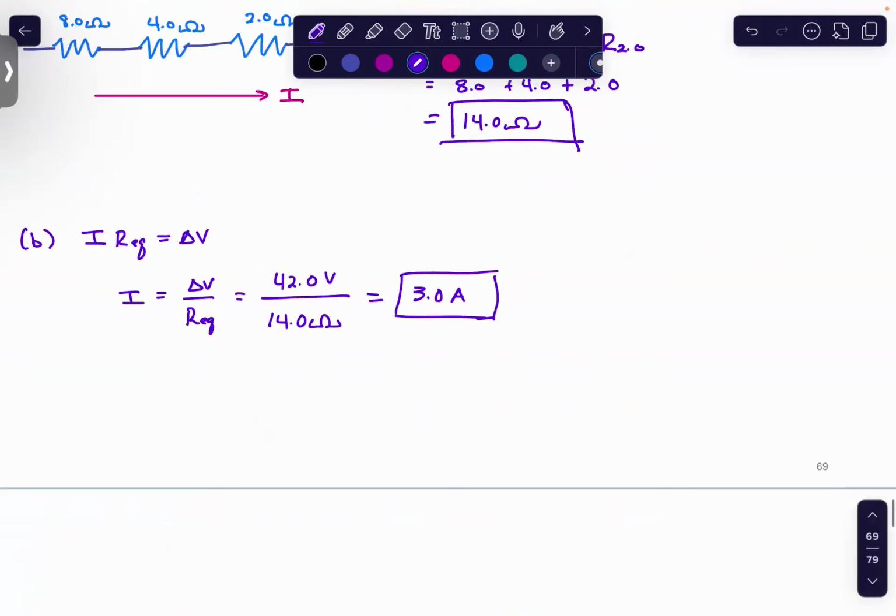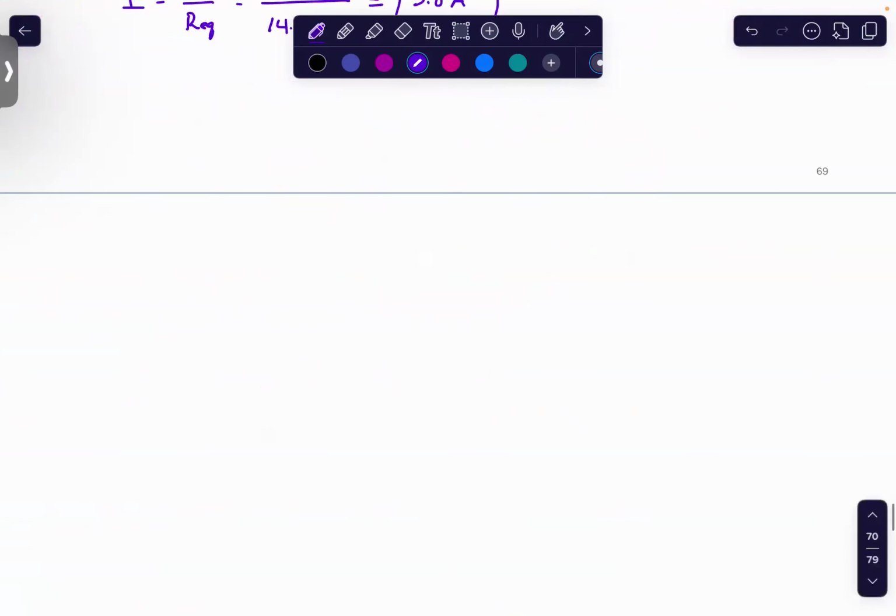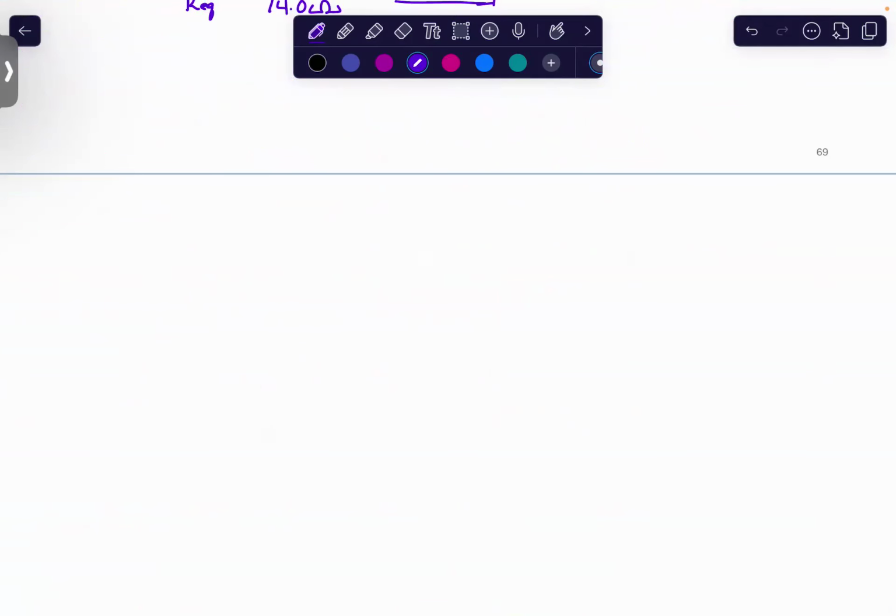So what we need is the delta V for that 2 ohm equivalent resistance. So it's 3 amps times 2 ohms.